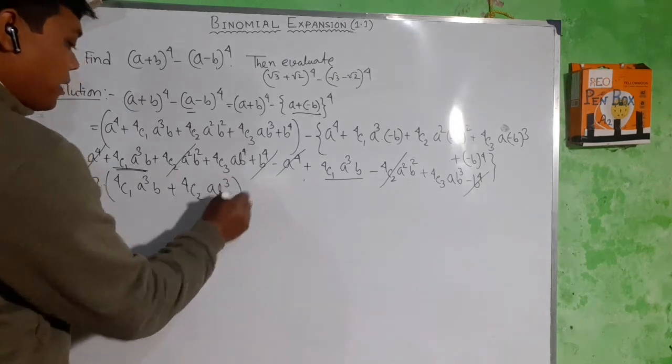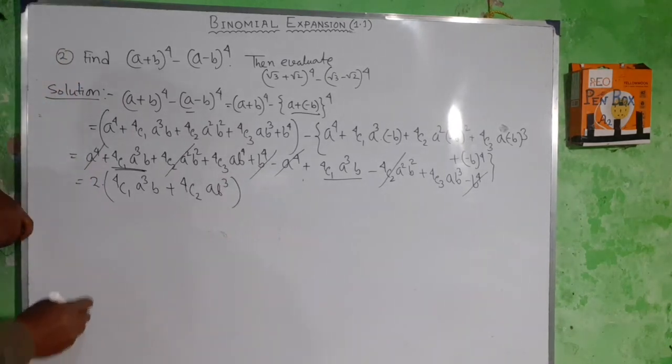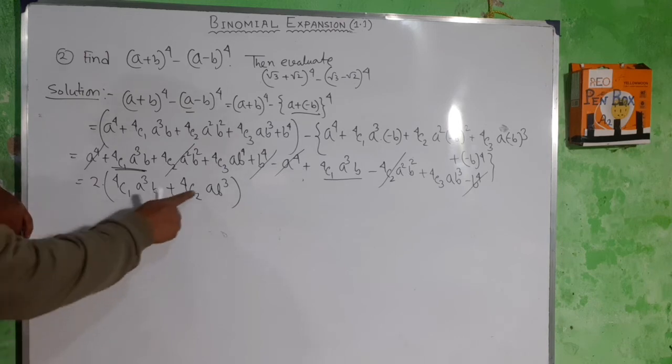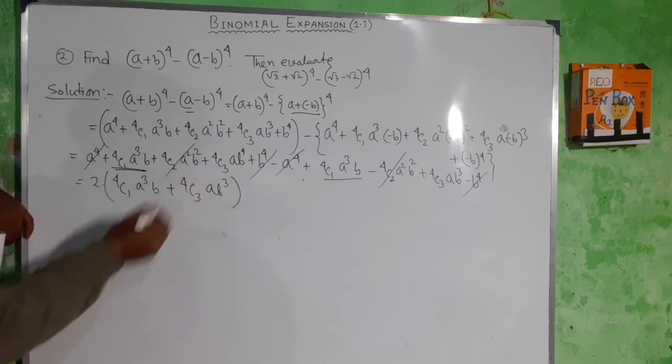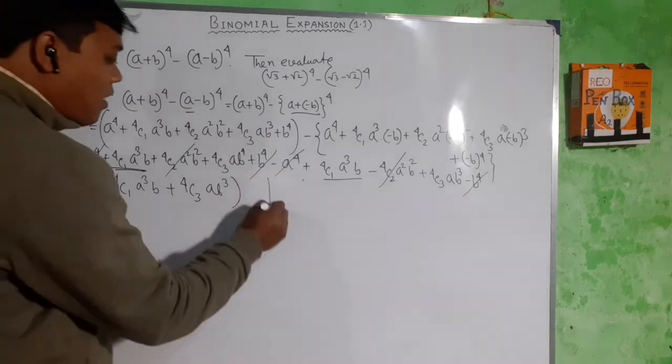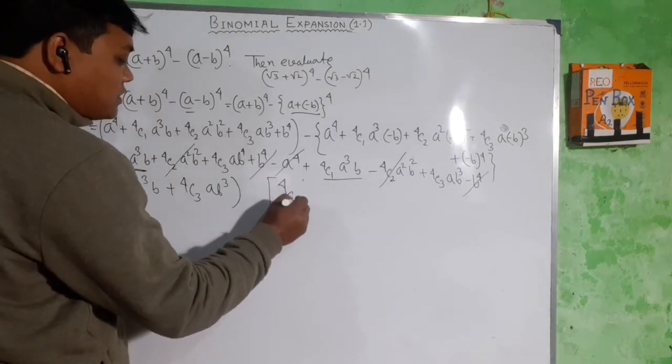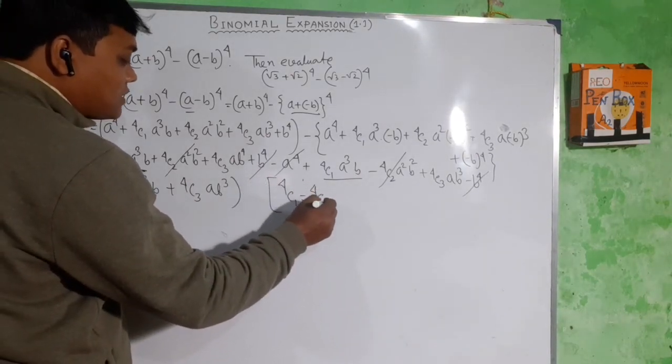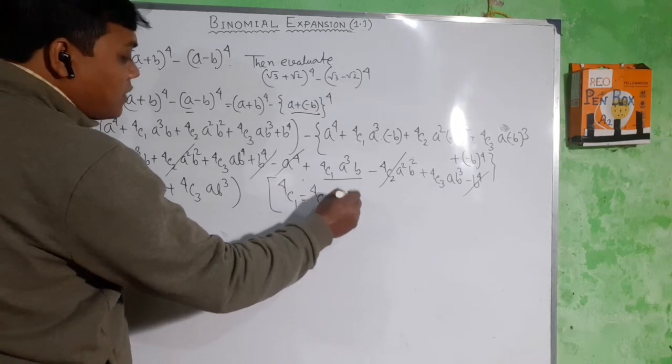a b cube. So after some calculation, 4C1 and 4C3, you have already seen that whatever the 4C1 and 4C3 values are, both are the same, and this gives the value 4.